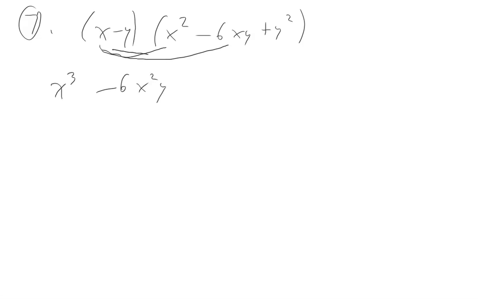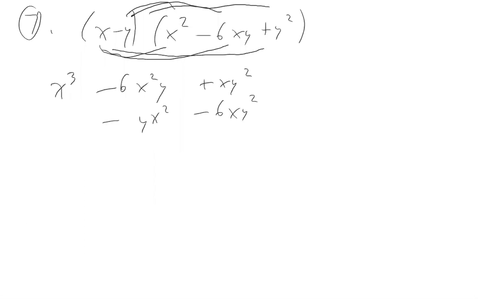X times y squared is just xy squared. Then we'll go to the negative y. Negative y times x squared is negative yx squared. Negative y times negative 6xy is 6xy squared. Then go to the last term. Negative y times y squared is negative y to the 3rd. And then we'll add them up.